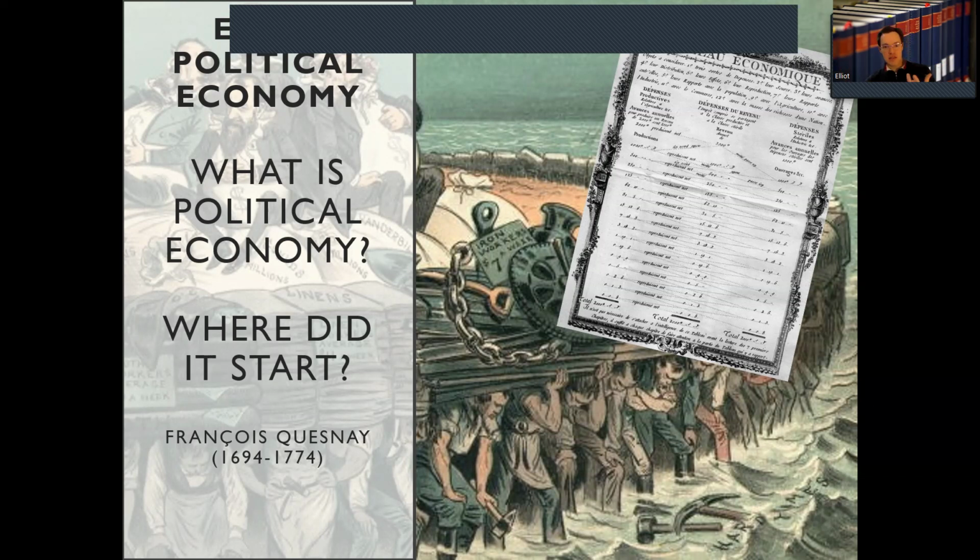And now the fundamental defect of mercantilism at that time, which was kind of the strongest theoretical system, was that it only looked at a very partial aspect of the economy. So it was very, very narrowly focused.